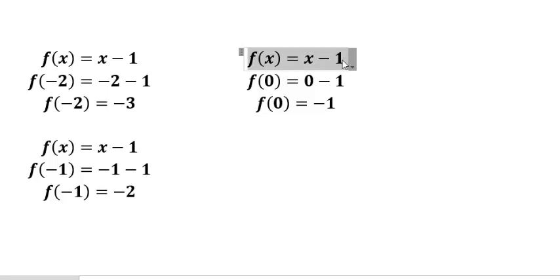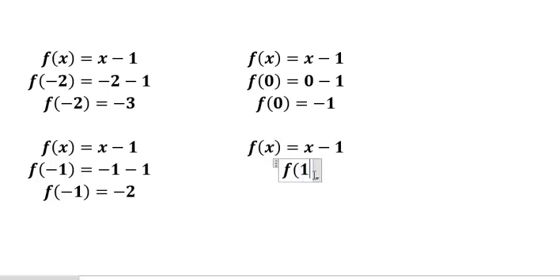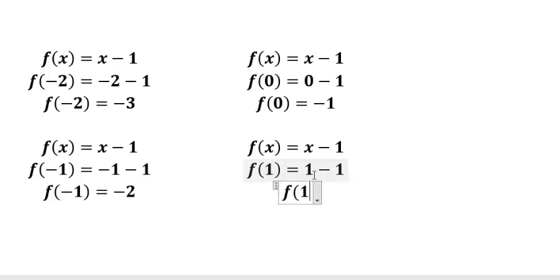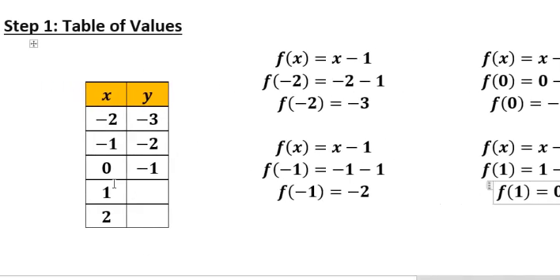Okay, so copy the formula again, and instead of x I'm gonna put 1. And in this case it will give me 1 minus 1, 0. So for x equals 1, the answer for y will be y equals 0.